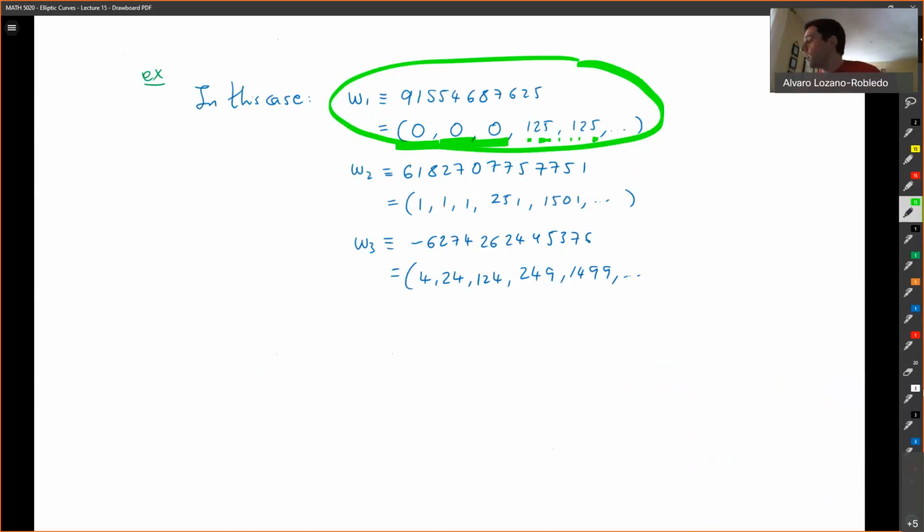Okay, so what we have done is that we started from an elliptic curve.